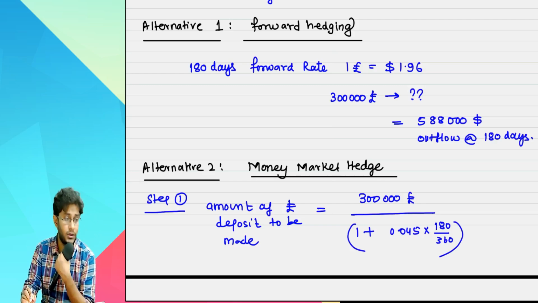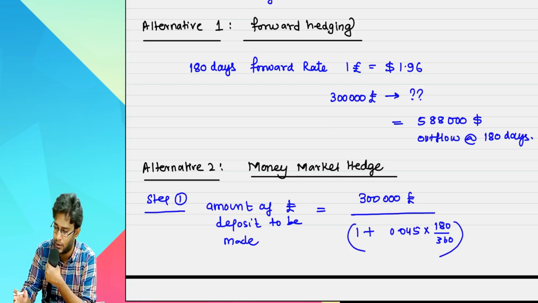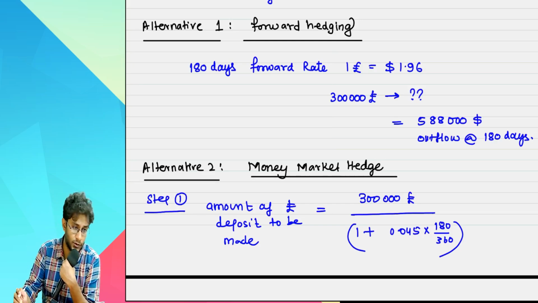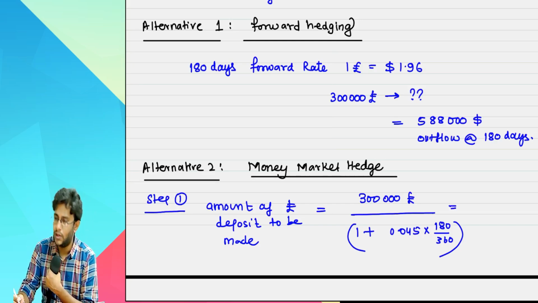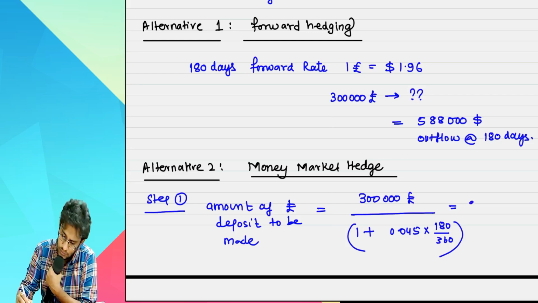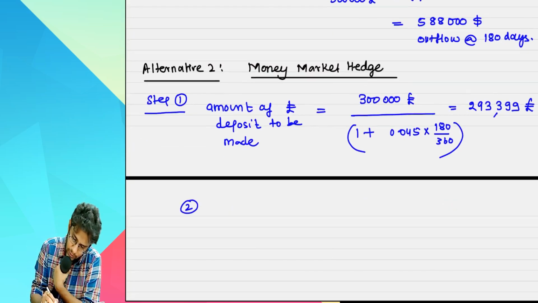So today how much should I deposit so that it will become 3 lakh pounds at the end of 6 months? So sort out this. 399 pounds. Step number 2.